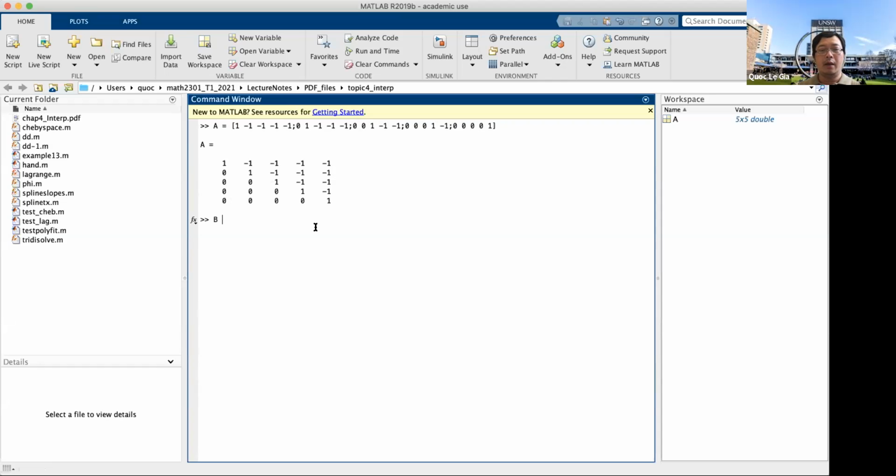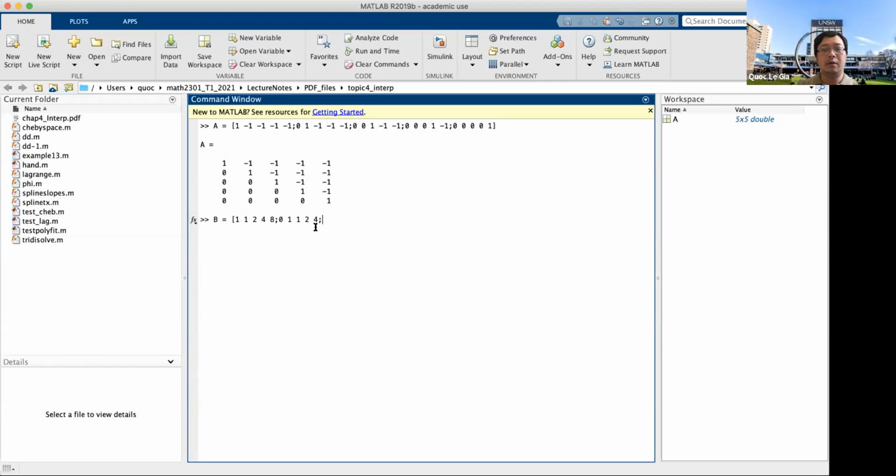And what is the matrix B? The matrix B looks like this. So 1, 1, 2, 4, 8, and then 0, 1, 1, 2, 4.